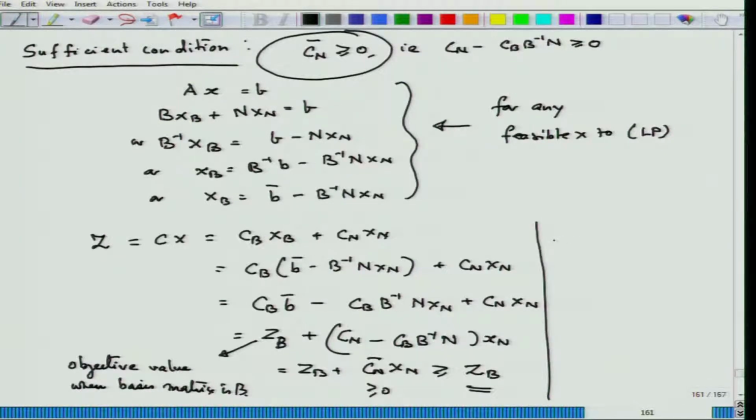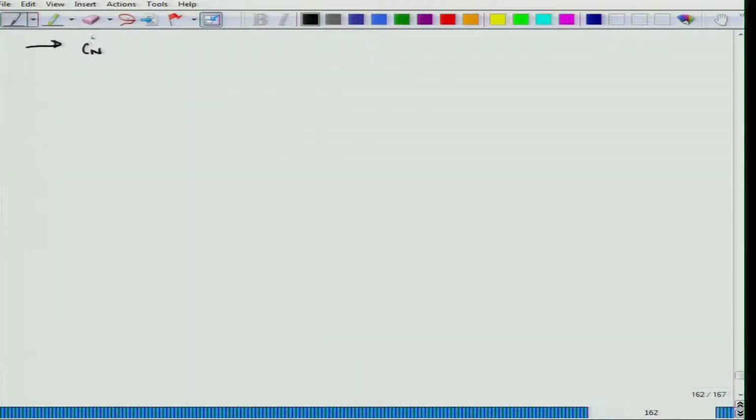So, it implies that x equal to xb, 0 is optimal. So, we know how to check optimality. The optimality is checked by checking Cn bar: if Cn bar is greater than or equal to 0, I know the current BFS is optimal.